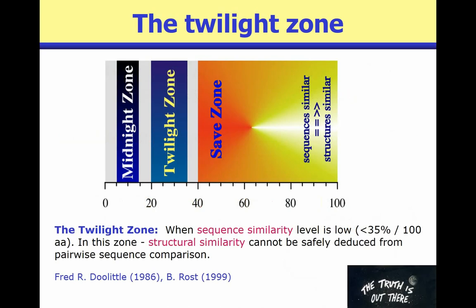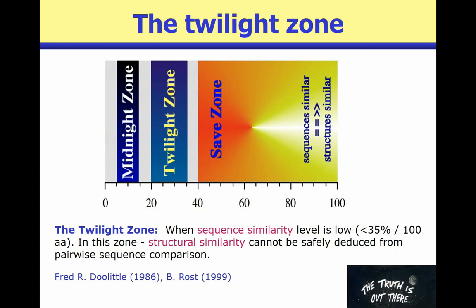This is a very important slide, very naively stated, but it is about the twilight zone, in which, very naively, one can say that if you have two sequences, we discussed the sequence alignment, that are of a length of, let's say, 100 amino acids, and they have above 40% similarity, the same definition that we talked about last week, they are probably related in function, in structure, in protein family domain.